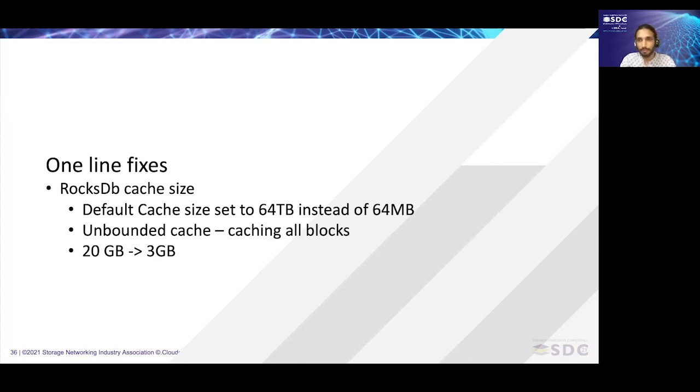Once we made that improvement, the idle data node size reduced from 20 GB to 3 GB. Earlier, on startup, the data node was consuming 20 GB of total memory, and now it was consuming 3 GB, which was totally on heap, with very little of that memory off heap.